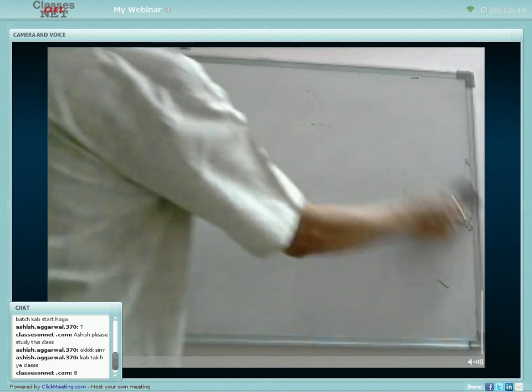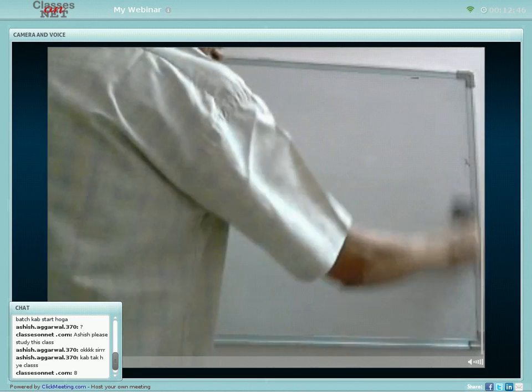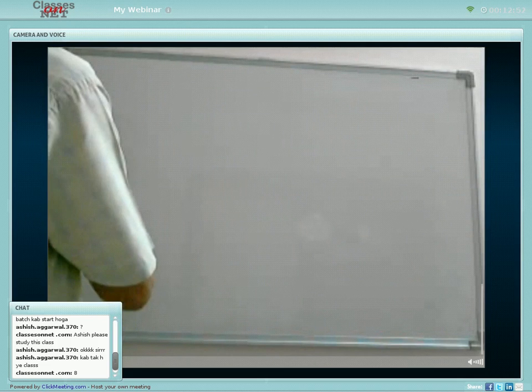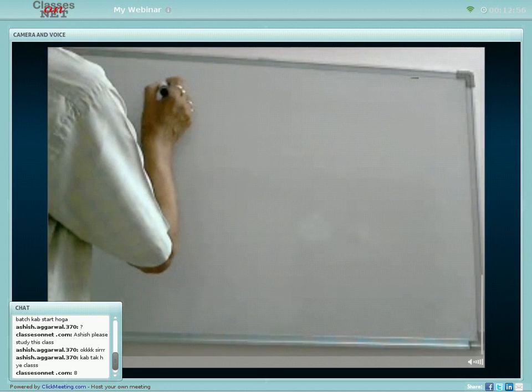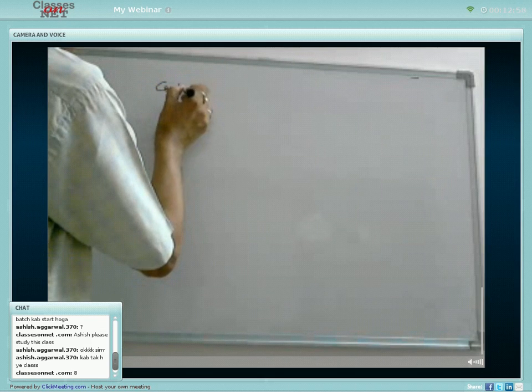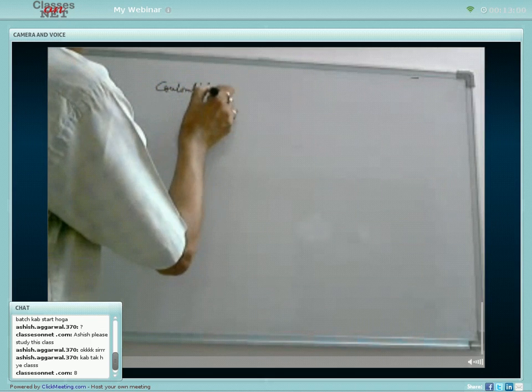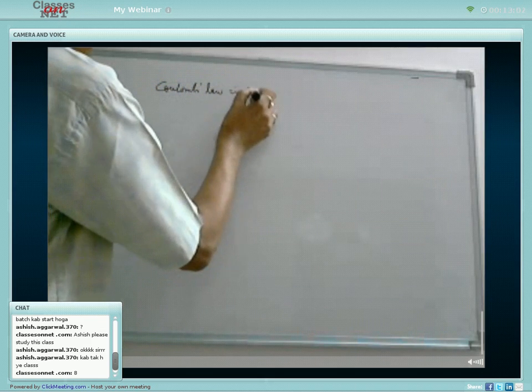After taking these properties and Coulomb's law, we can proceed with Coulomb's law in vector form.